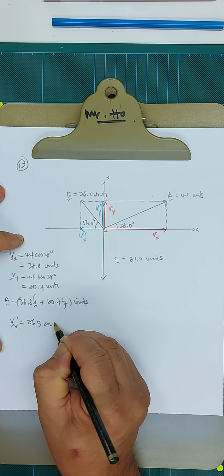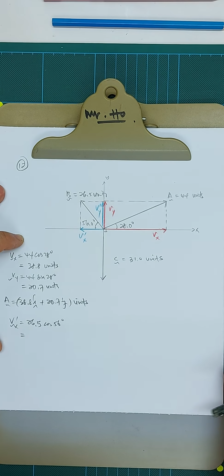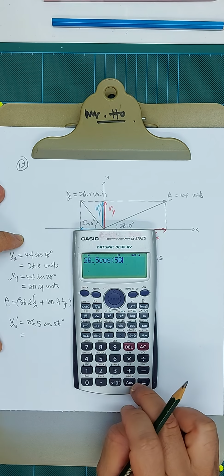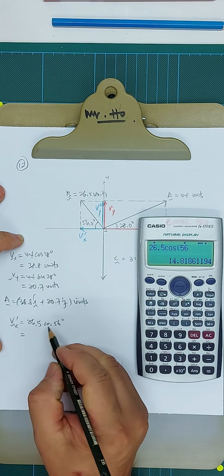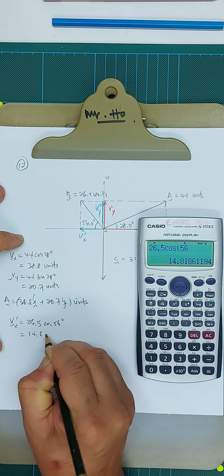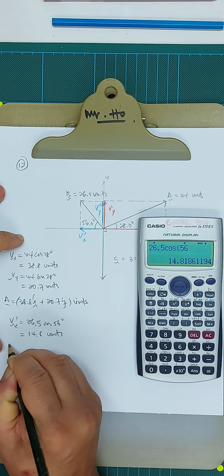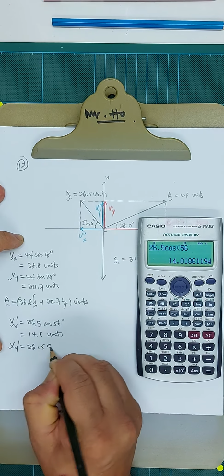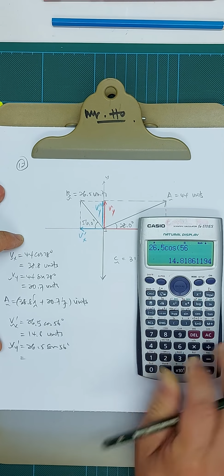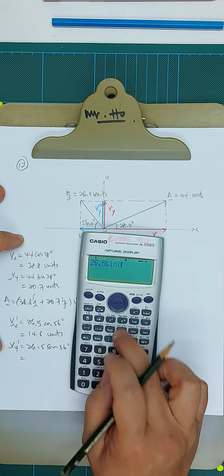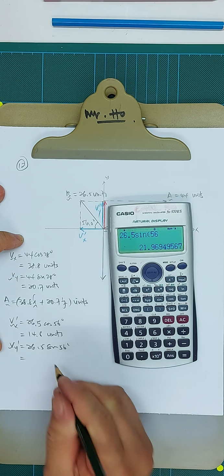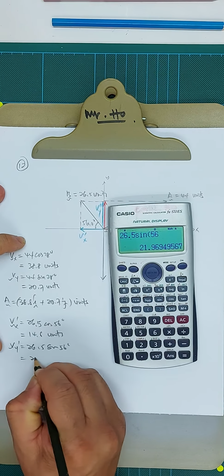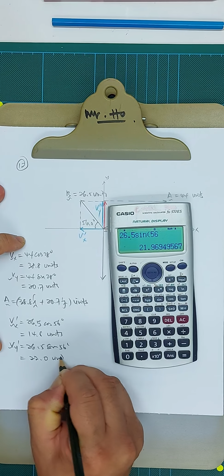Then for B, our Vx prime is equal to 26.5 cosine 56, which gives 14.8 units, and our Vy prime is equal to 26.5 sine 56, which gives 21.969, so 22.0 units.